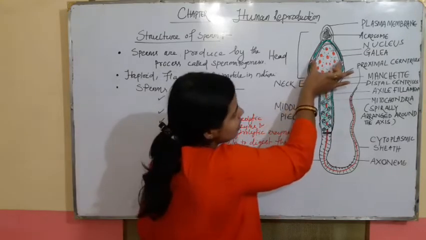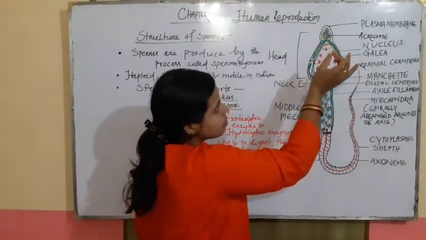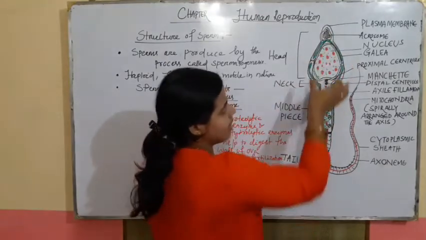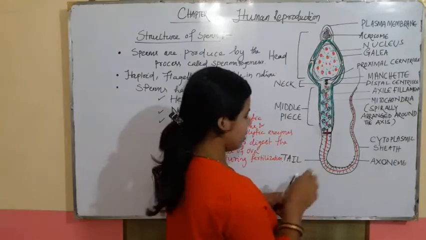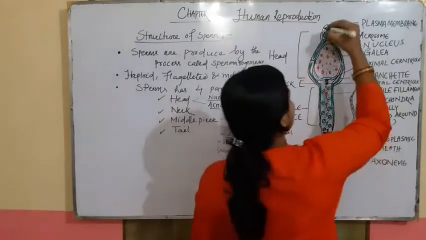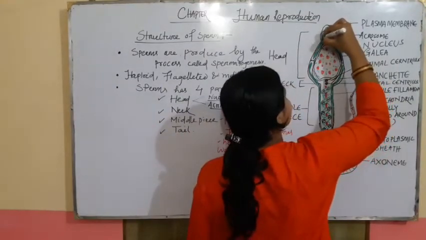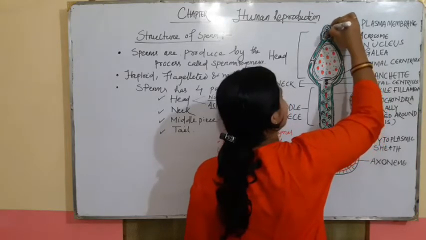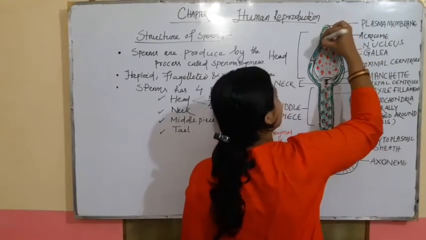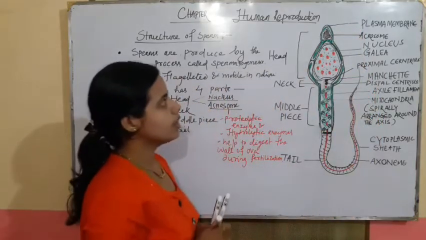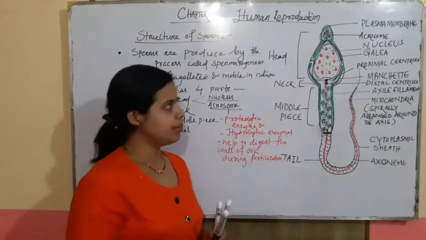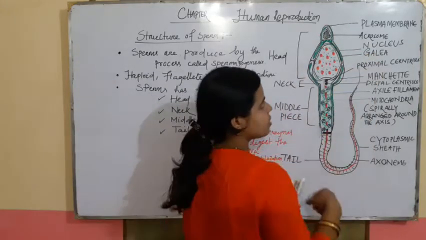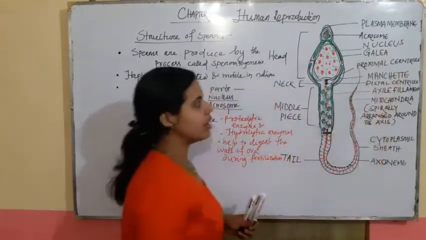Up to this, the anterior part of the nucleus, along with the acrosome, the extra membrane covers and protects them, that is called as galea.